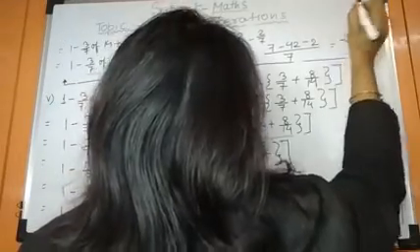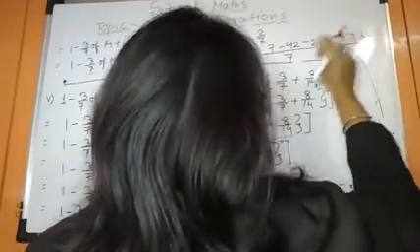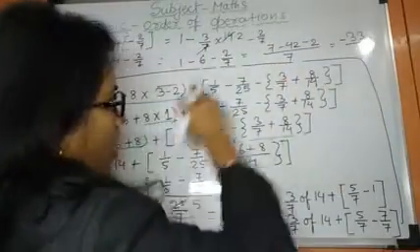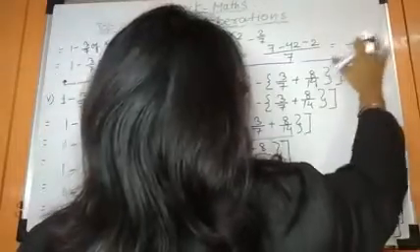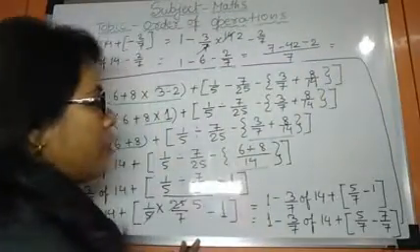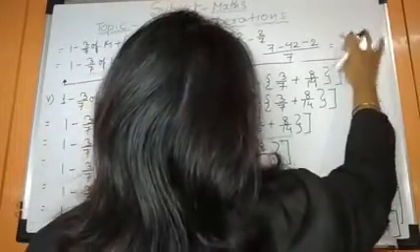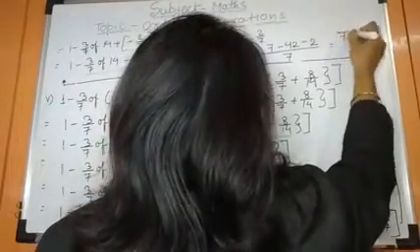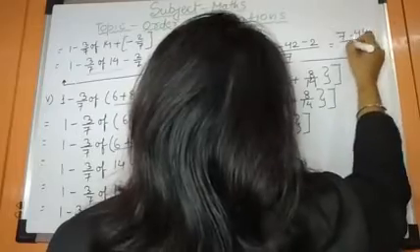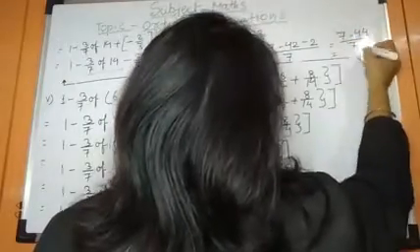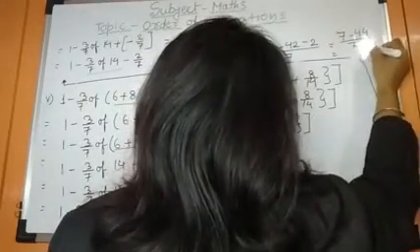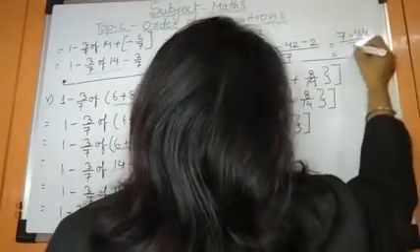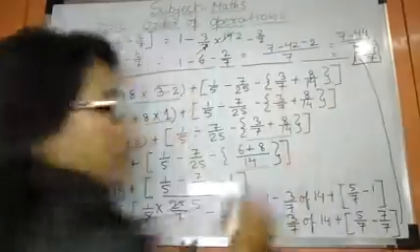So minus 37 upon 7. This will be the answer.